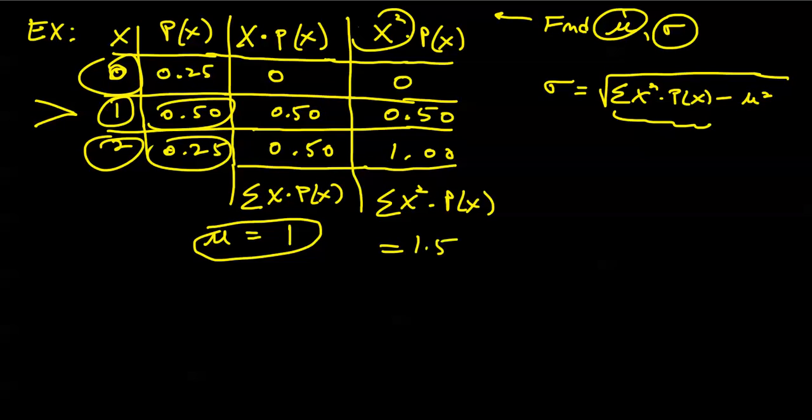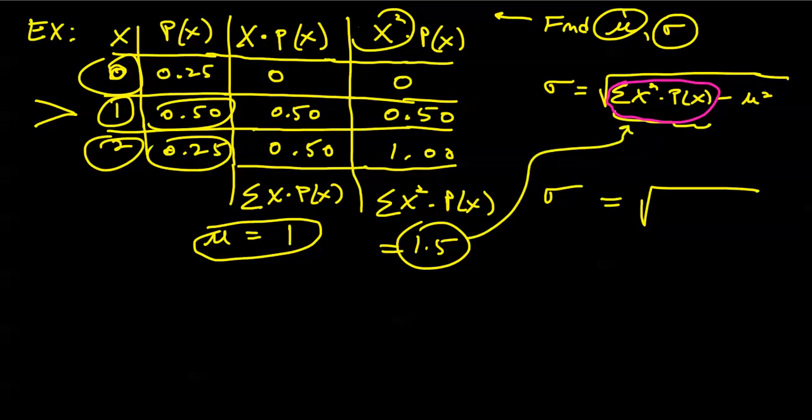Alright, we're almost there, not quite. We need to plug this value of 1.5 in for this expression in that standard deviation formula. So let me go ahead and do that. Again, this goes here. So 1.5 is that summation, the sum of that third column, minus, don't forget to subtract, the previously computed mean.